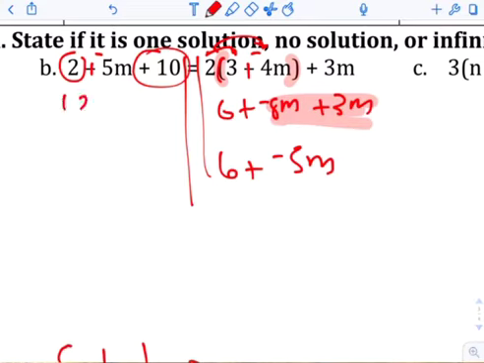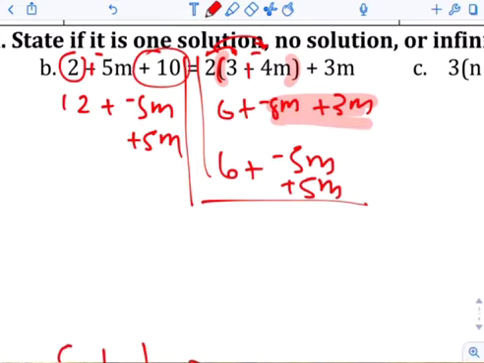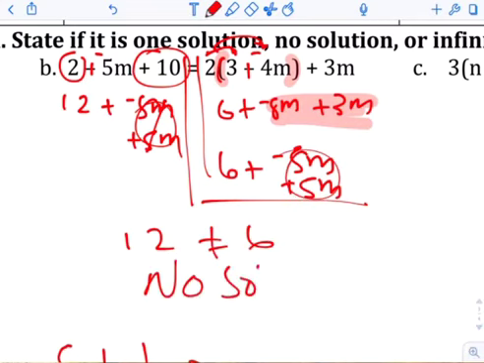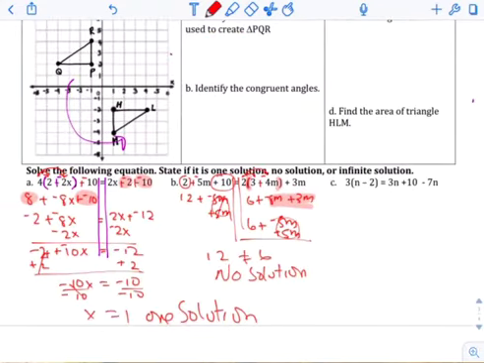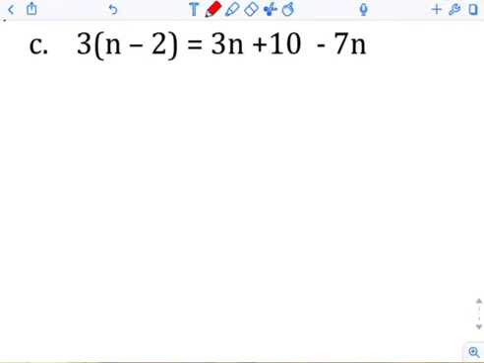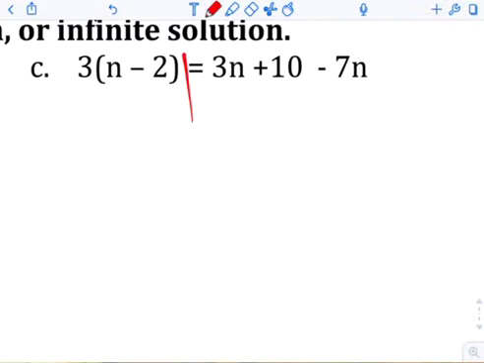You get 12 plus negative 5m. Add 5m. Add 5m. 0 plus 12 is 12. 6 plus 0 is 6. No solution. That means parallel if you're graphing. But this is not graphing. This is just a math problem.